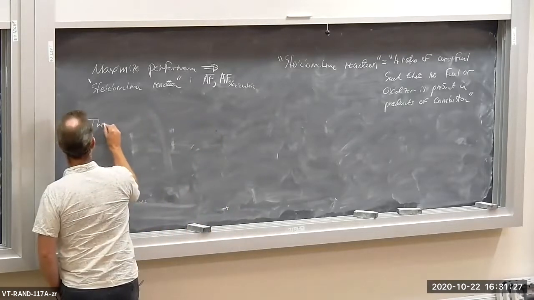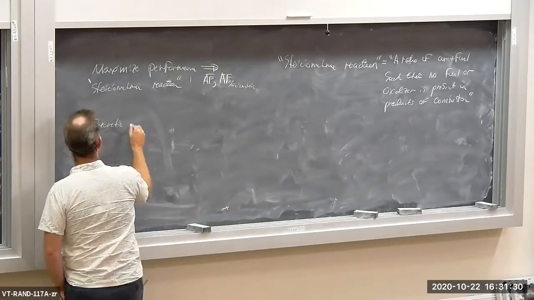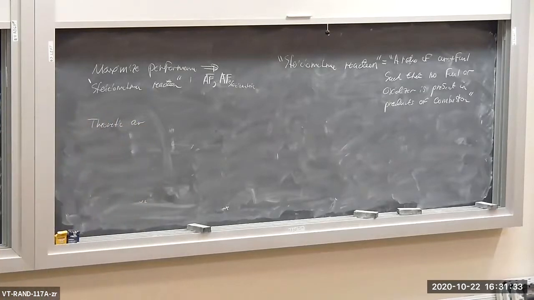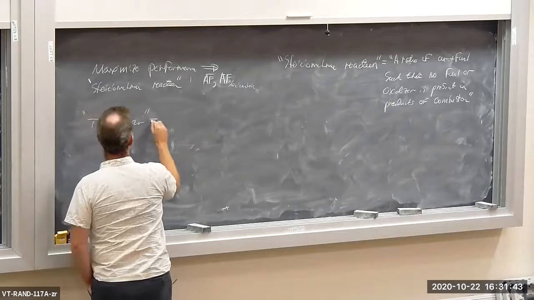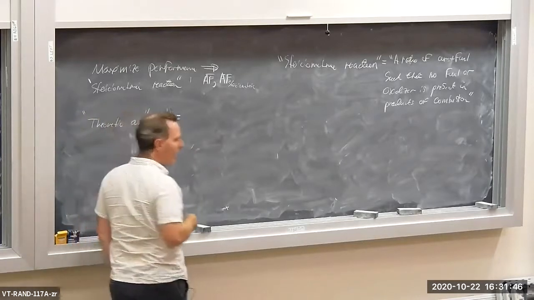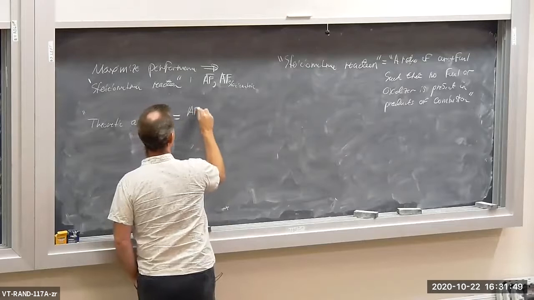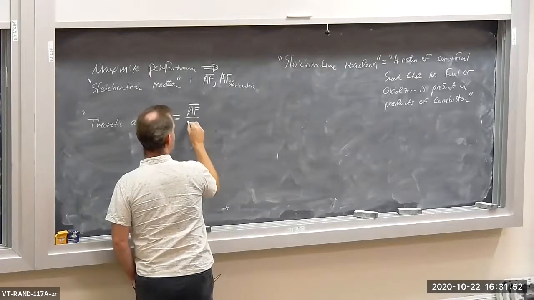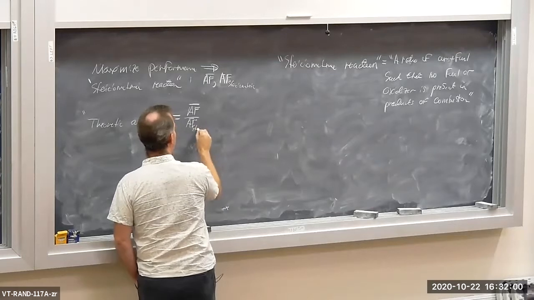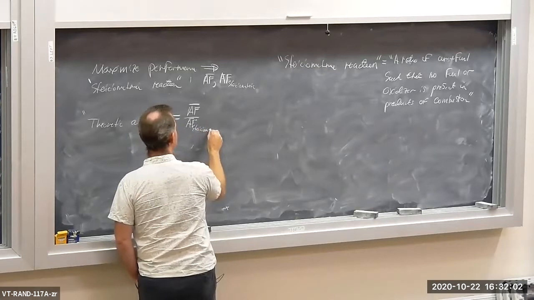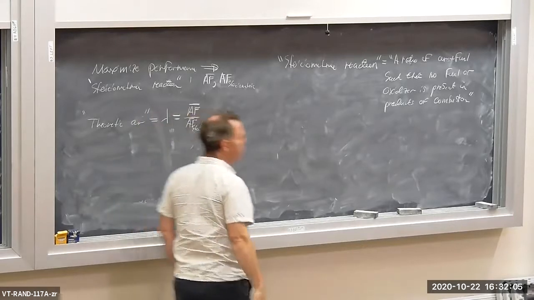Theoretic air. Let me make sure I got the terminology right. I always forget this thing. Let's see here. Theoretic air, yes. So we define a quantity called theoretic air, lambda, which is the ratio of the actual air-fuel ratio, it could be on a per mole basis, it could be on a per kilogram basis, the ratio of the actual air-fuel ratio to the stoichiometric air-fuel ratio.